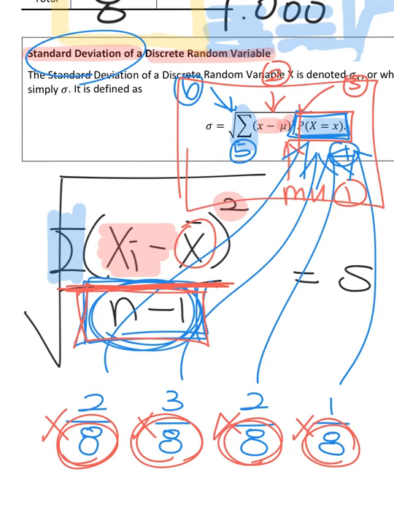So, like as the mean, we can apply 6 steps again. But it's a little bit different. Step number 1, take the mean, same. Step number 2, take the difference, same. Step number 3, take the square, same. But now step 4, times the probability.